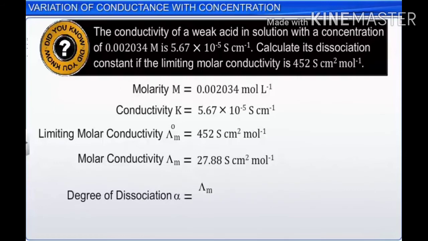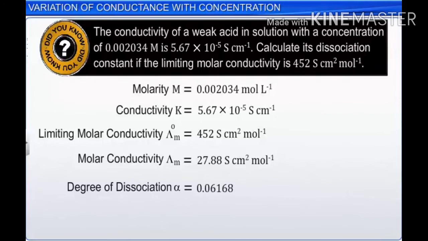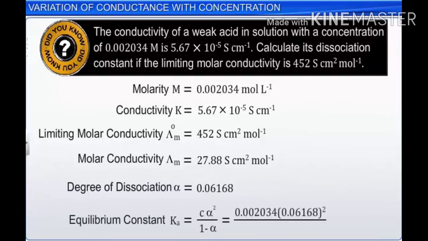By substituting the values and simplifying, we get the degree of dissociation as 0.06168. With the value of the degree of dissociation in hand, we can use the equation relating Ka and alpha. Substituting the values, we get Ka is equal to 8.25 times 10 to the power minus 6.